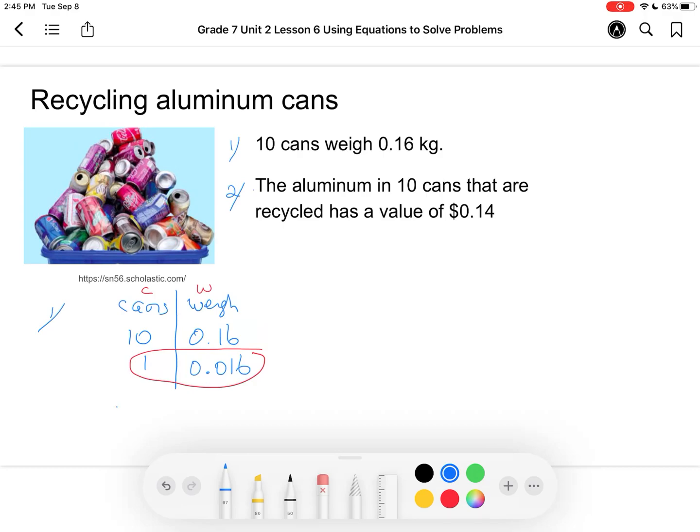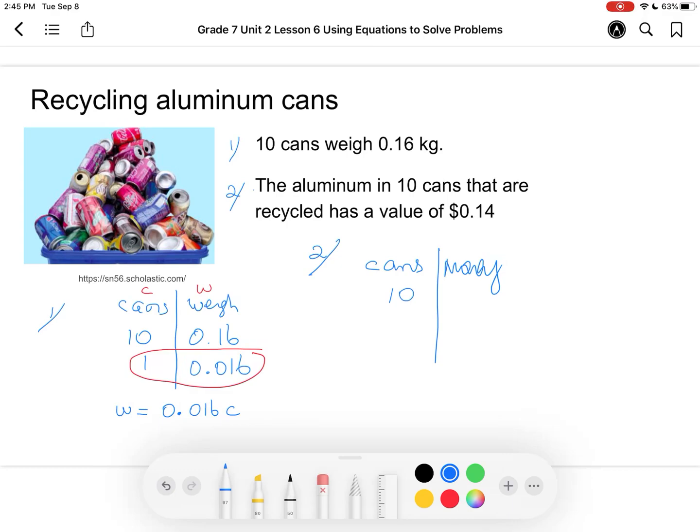And so my equation will be, my weight is 0.016 kilograms per can. That's my first equation. Now my second equation will represent the number of cans and the money that can be earned for those cans.